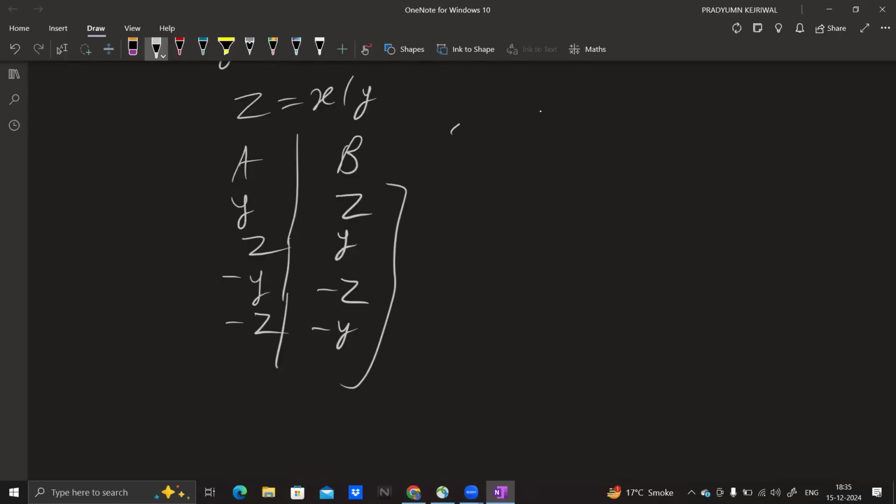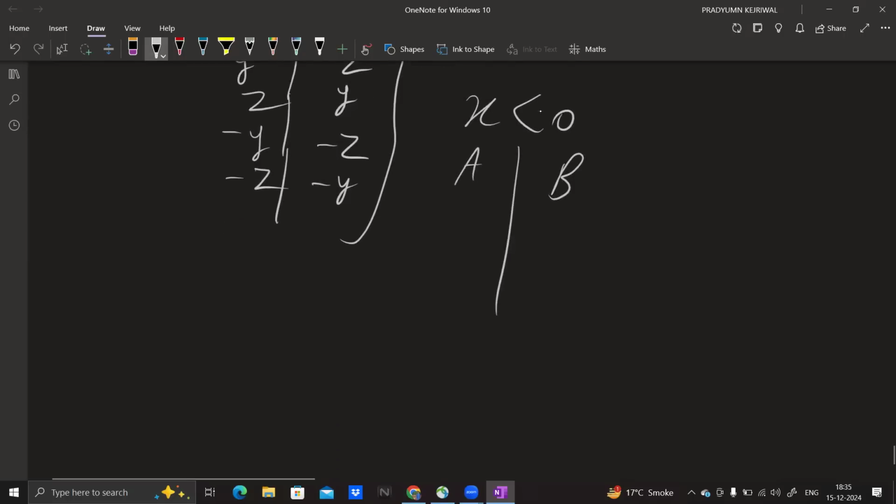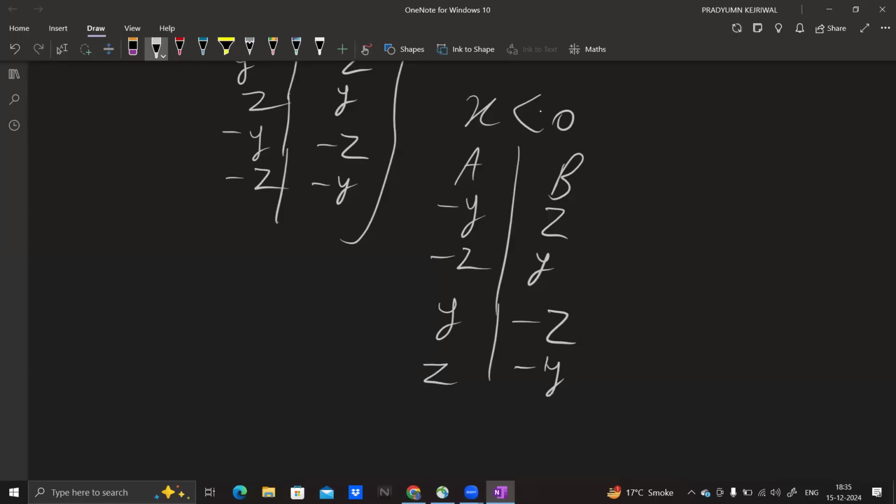And this is for x greater than 0, like, this is for x positive. If x is negative, then you have to choose one negative, one positive. So it will become minus y z, or minus z y, or let's say y minus z, or z and minus y. So this is basically casework.